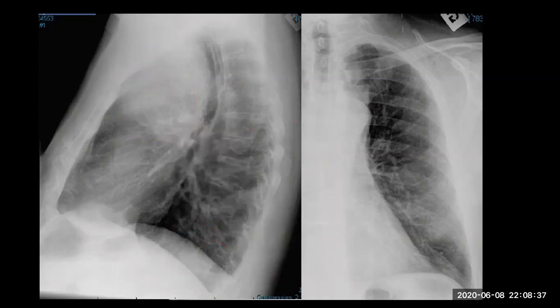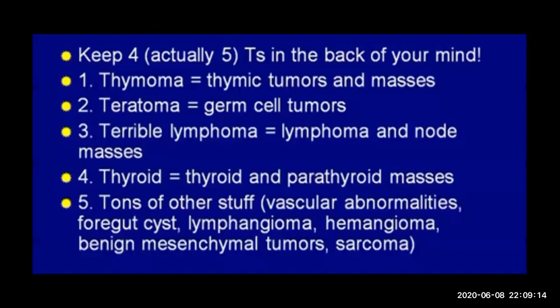Retrosternal goiter, thymoma, or the 5 T's: thymus gland tumor, thyroid goiter, teratoma, lymph node, lymphoma. We call it the 5 T's.